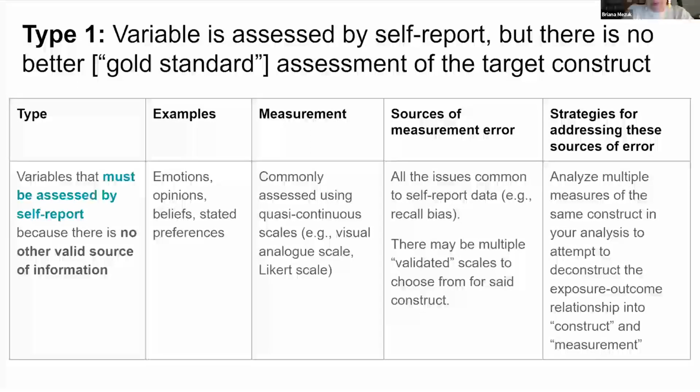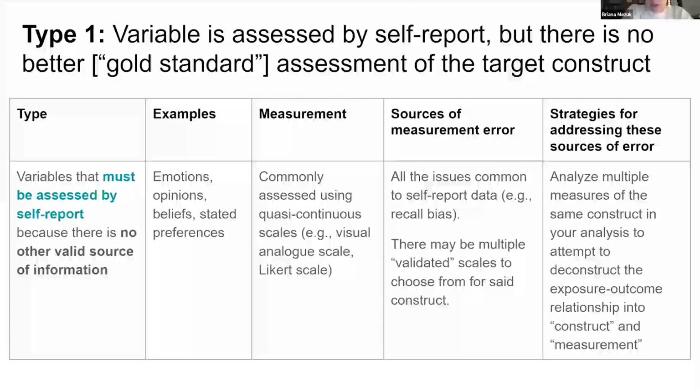For example, opinions, beliefs, preferences, emotions. These are things we only assess by self-report, and there is no gold standard assessment of any of these things. We typically measure these using quasi-continuous scales.